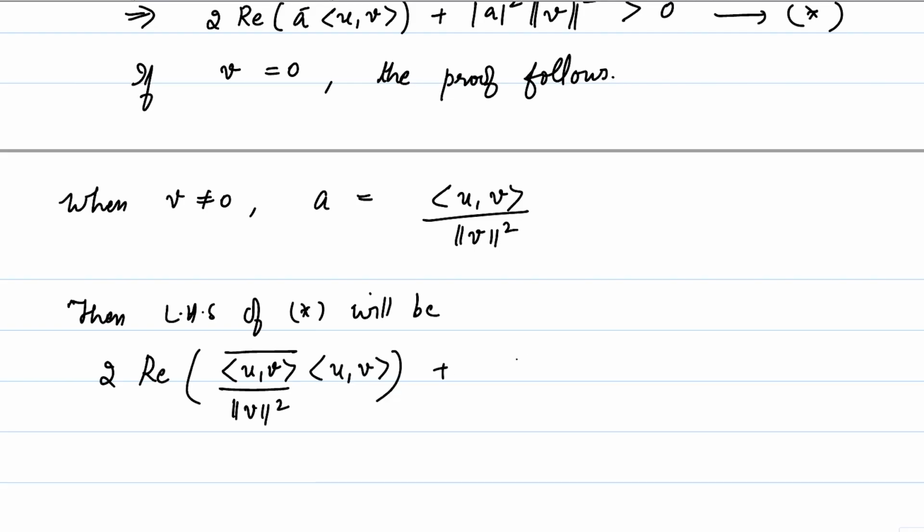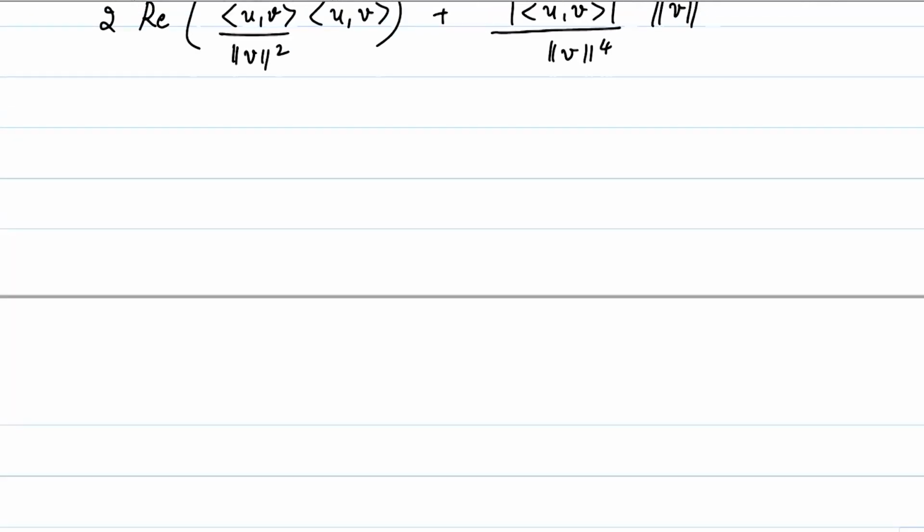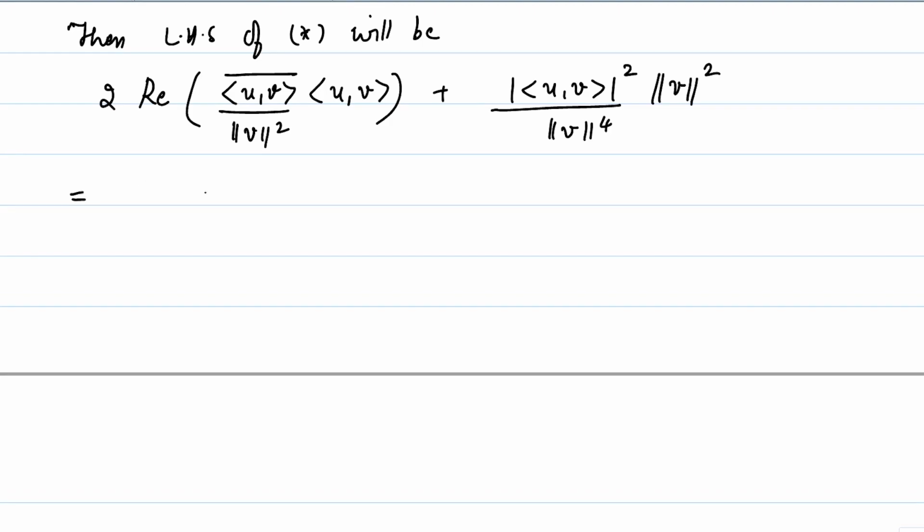And how about mod A square? Mod A square will be the inner product of u comma v, the whole square, by norm v square, length v square, the whole square. So this is going to be length v to the power 4 times length of v square, which is just going to be equal to 2 times the real part of the absolute value of u comma v, the whole square, by length of v square.